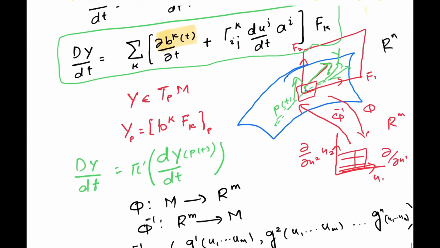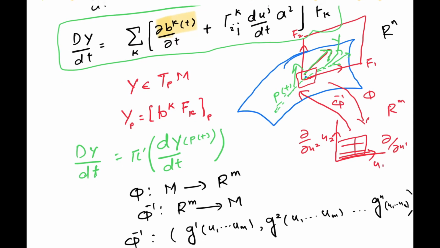So now this Christoffel symbol was also defined last time. This is gamma kij.